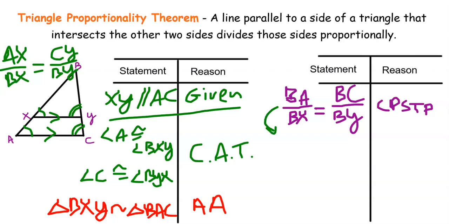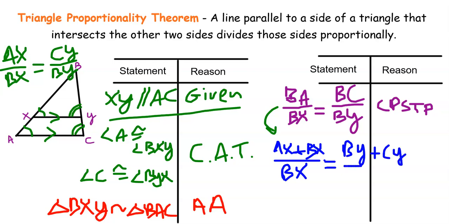So therefore, we can substitute in AX plus BX over BX is equal to a similar type of substitution for BC, being that BY plus CY is the same as BC, and that is just by basic substitution. I'm not going to write it in the reasons over there for space reasons, but now we have the proportion AX plus BX over BX is equal to BY plus CY over BY.